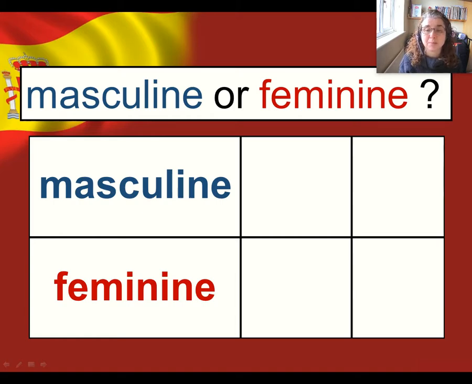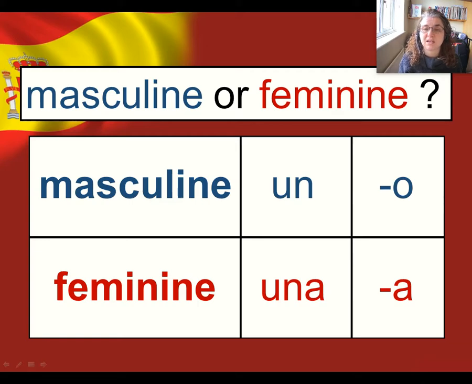We know that a masculine noun is likely to have un in front of it, and un means a or an, while a feminine noun is likely to have una in front of it, and una also means a or an, also the number one as well. We've seen too that if we look at the last letter of a noun, it can tell us which gender the word is. Is it masculine or feminine? So, feminine nouns can often end in a, and masculine nouns can often end in o.